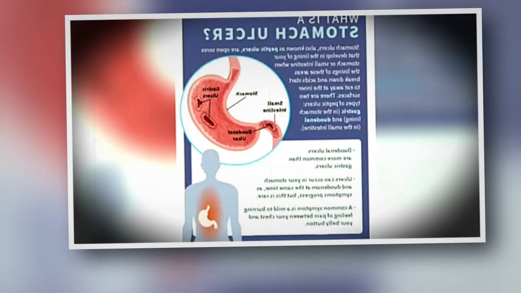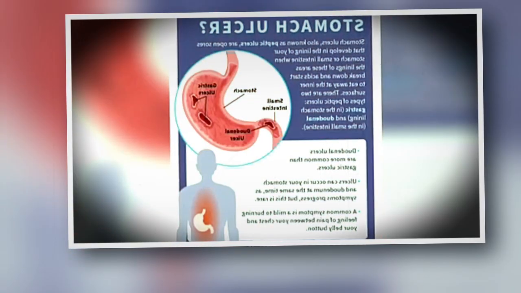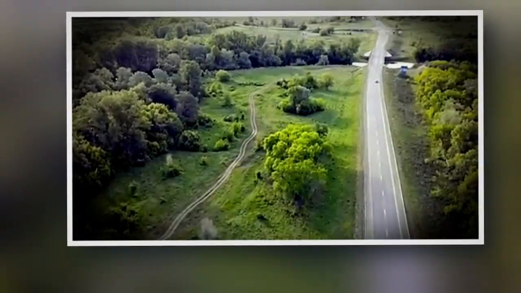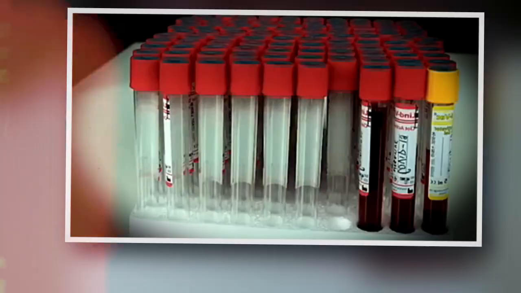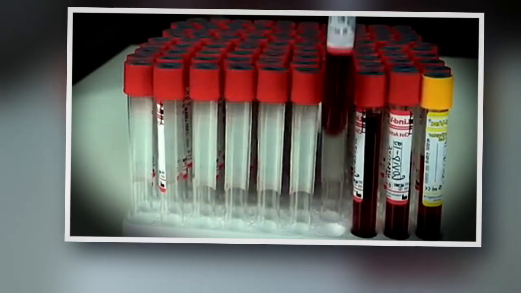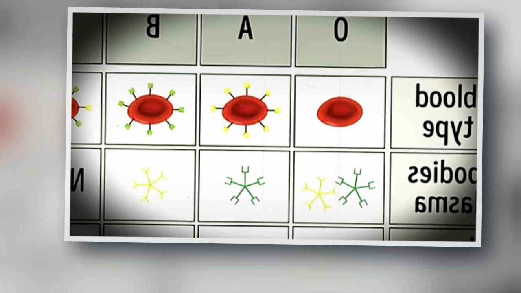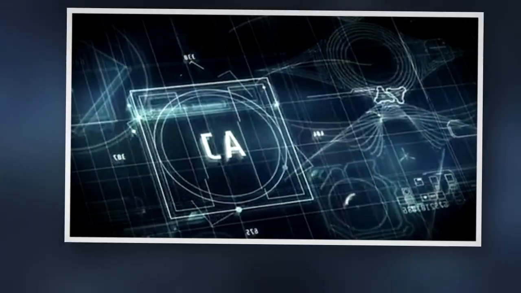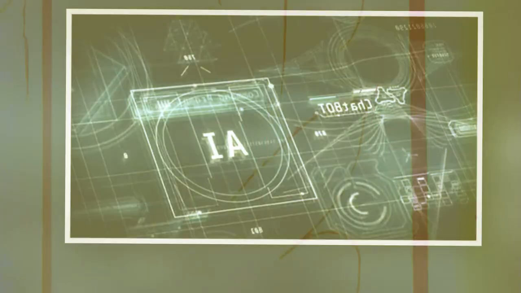And here's a fun twist. O isn't the most common everywhere. In parts of Asia, type B is surprisingly dominant. In certain pockets of India, A takes the lead. These variations in global blood type distribution give us fascinating clues about human migration, survival, and even disease resistance.